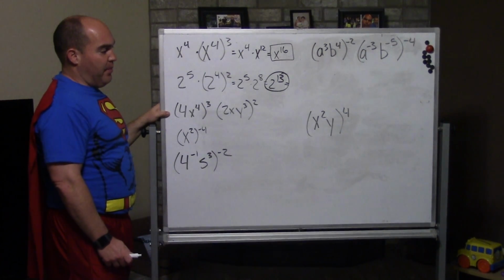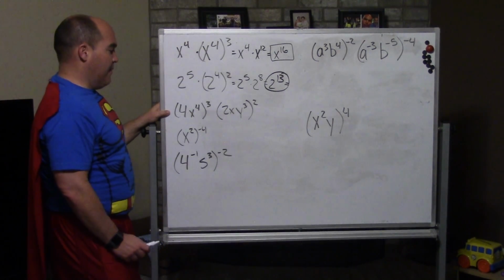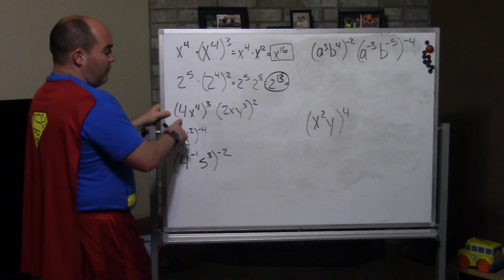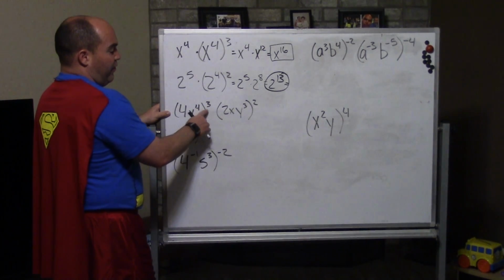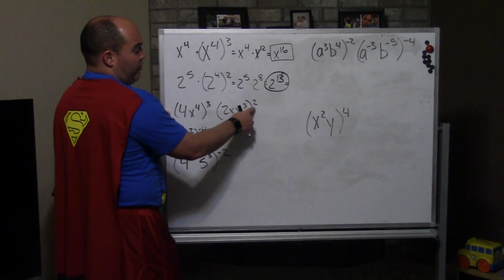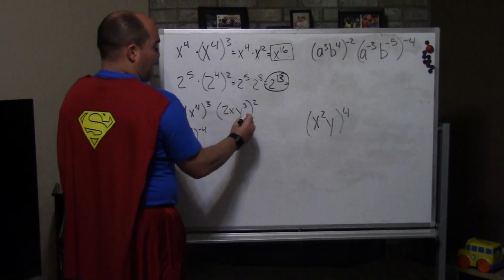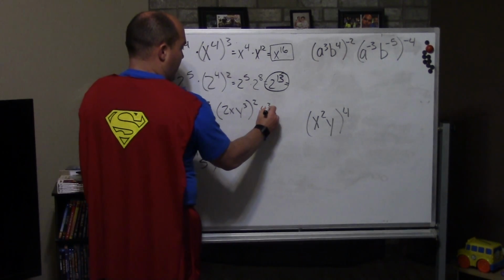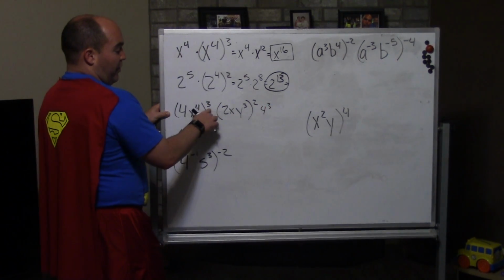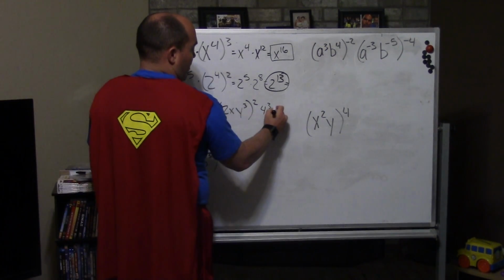Alright, now we're going to get down to these. They're a little bit more complicated. I may have not even left myself enough room, so we'll see here. Alright, so first we have 4x to the fourth raised to the third power, and then we have 2xy cubed raised to the second power. So first things first, I would have 4 to the third, then I would have x to the fourth to the third, so that's going to be 4 times 3, x to the 12th.